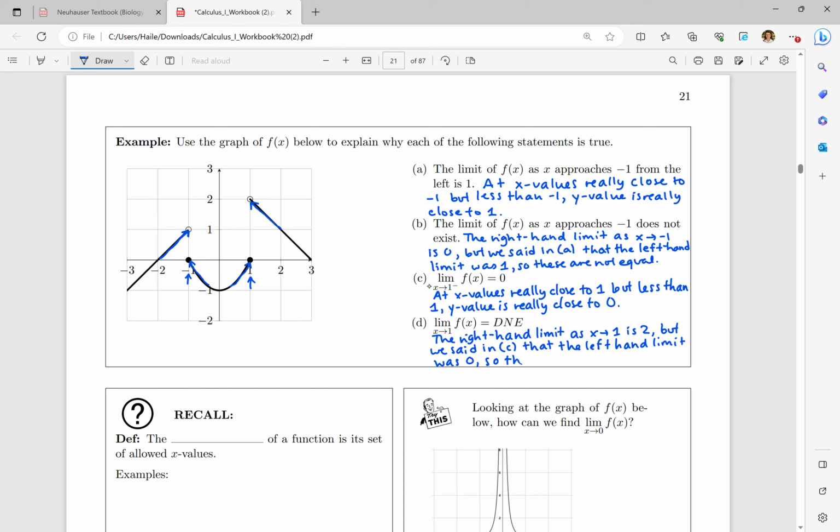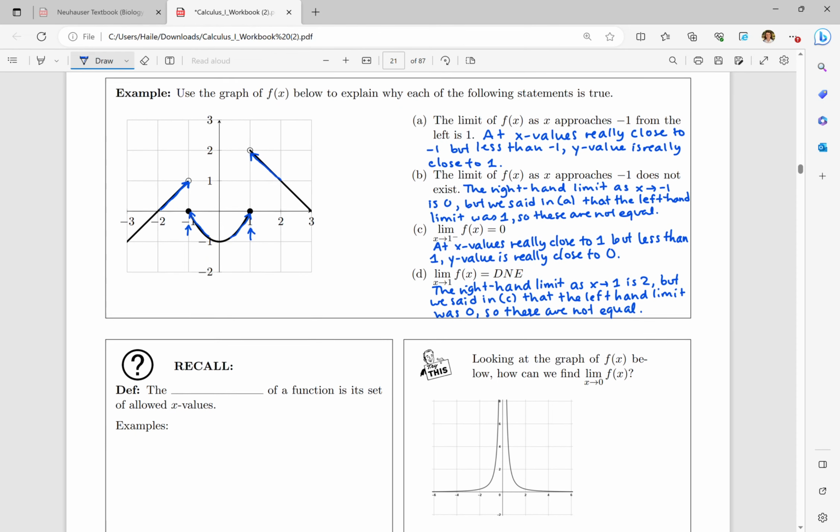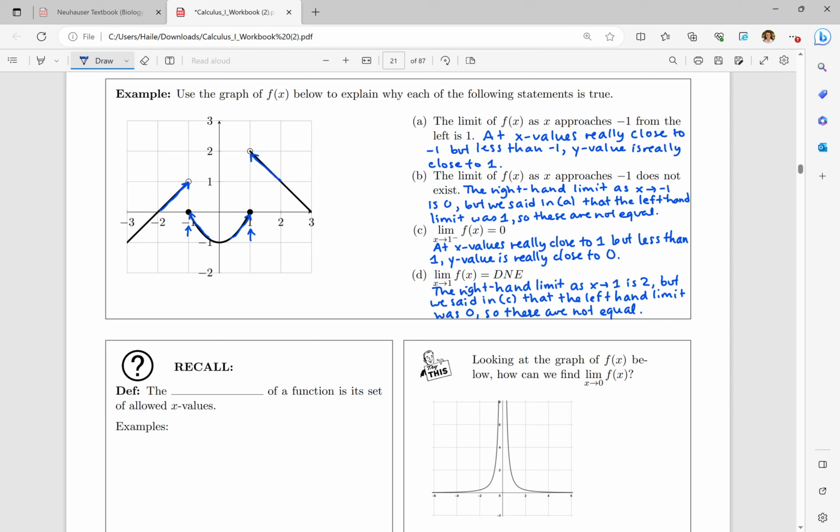So these are not equal. Okay, so hopefully that's a little bit of an introduction to one-sided limits. So remember, same sort of idea as lesson 1, except now we're isolating those directions. So either we're coming from the left or we're coming from the right.